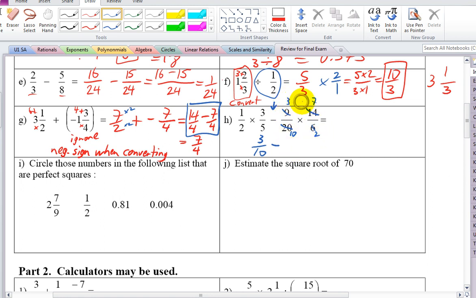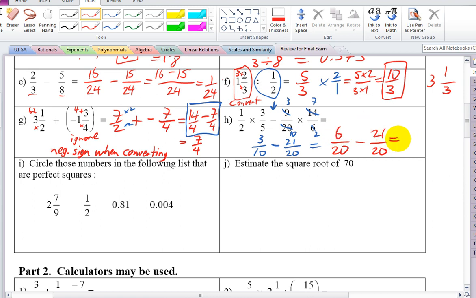So then we can multiply across. 3 times 7, 10 times 2, 20. What do we have to get before we subtract? Common denominator. 20, 20. Find your answer. Go. So times it by 2. 6.